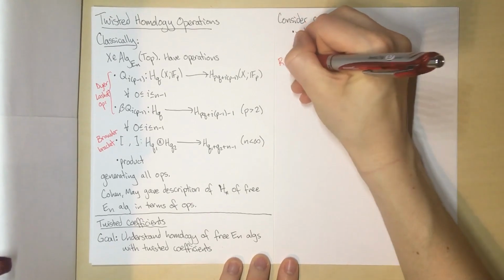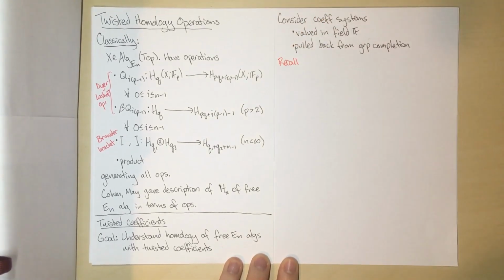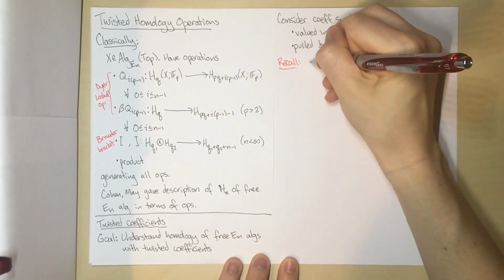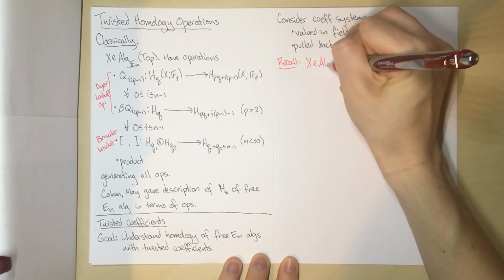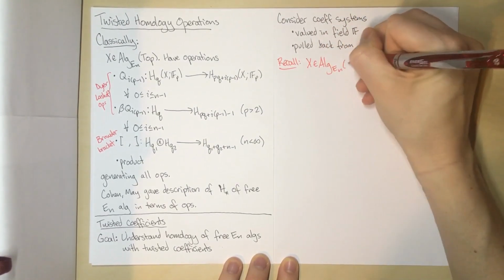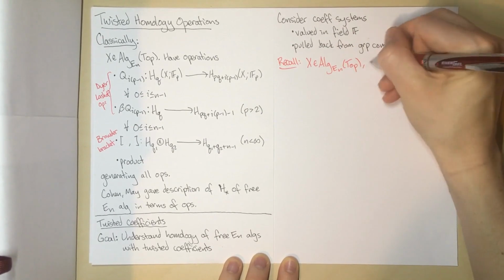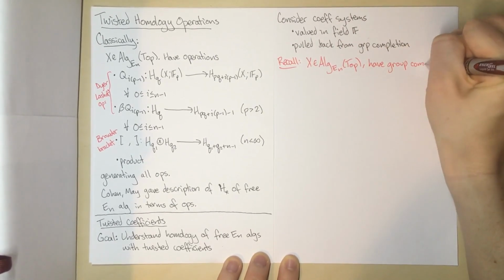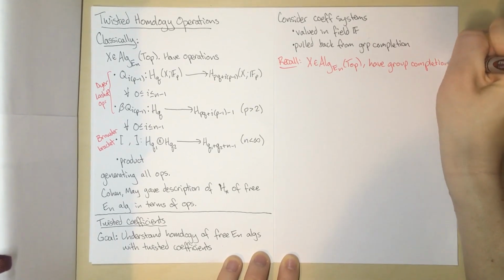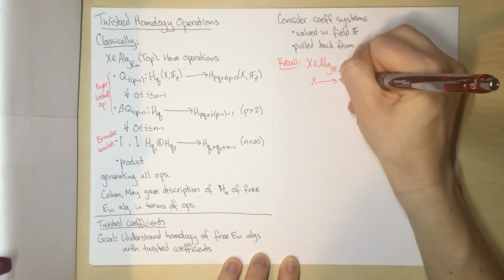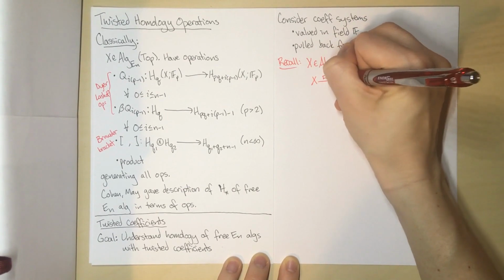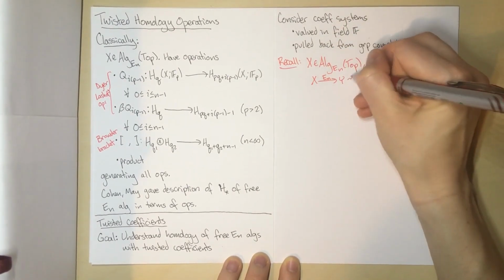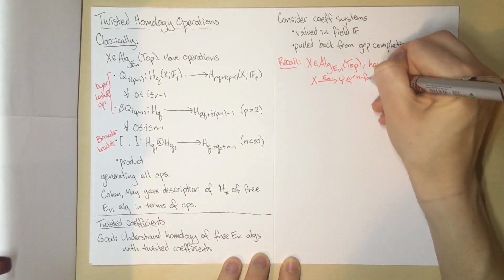If you'll recall that if X is an EN algebra in spaces, then we have a group completion map. So this goes from X to, let's call it Y, and this is a map of EN algebras. And here Y is an n-fold loop space.